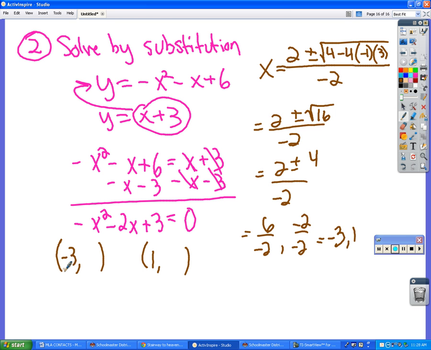Plug it in, and I can plug it into either one, and if I did it correctly, I'll get the same answer each time. It's going to be easier, obviously, to put it into here. Negative 3 plus 3 is 0. And then if I plug 1 into there, 1 plus 3 is 4. And we'll leave it like that. If it was a testing situation and you had a little extra time, you might want to plug it into here, too, to make sure you got the right answer.